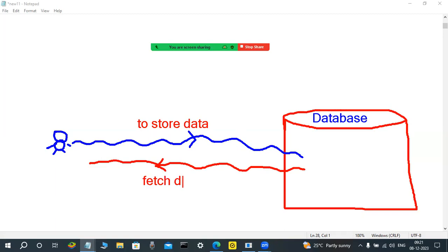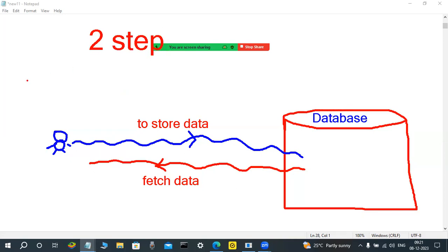Then that user uses a two-step process, not a single step. Very, very important.